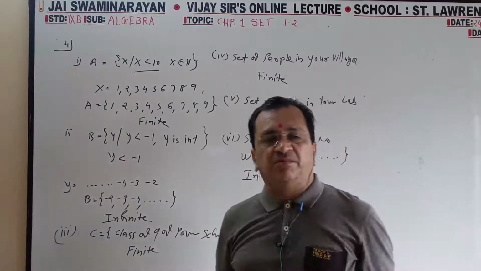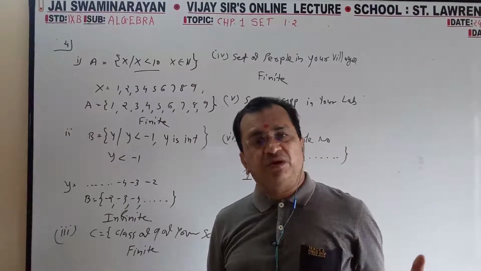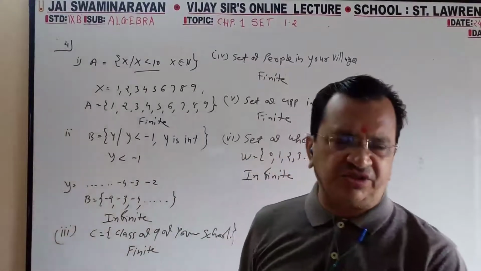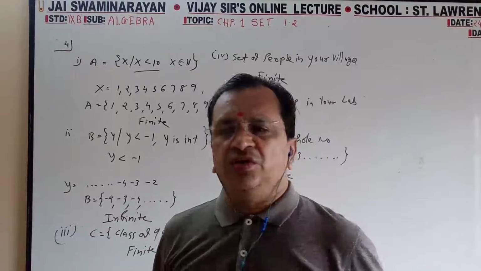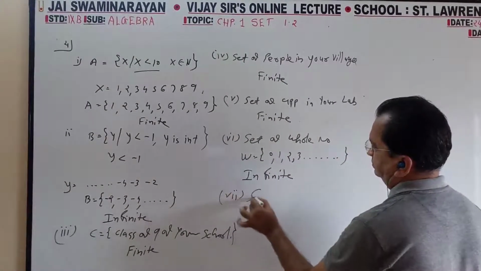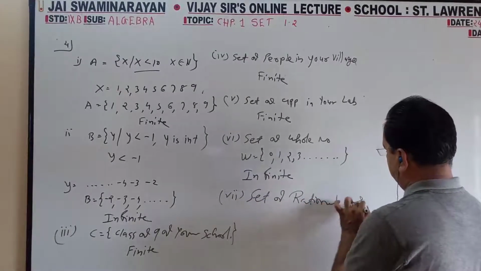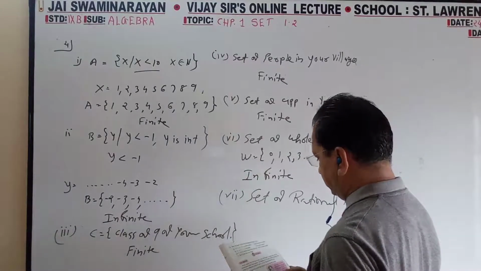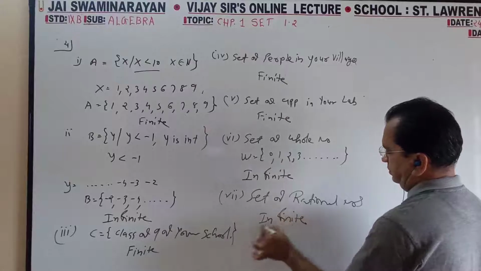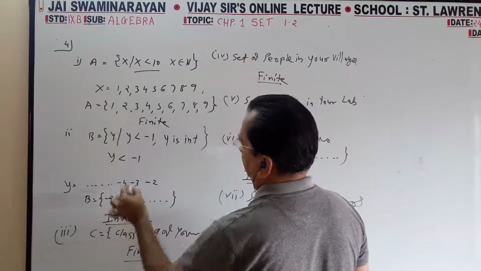Set of rational numbers: also not countable. On both sides there are many rational numbers. So that is also infinite. Infinite, finite, infinite.